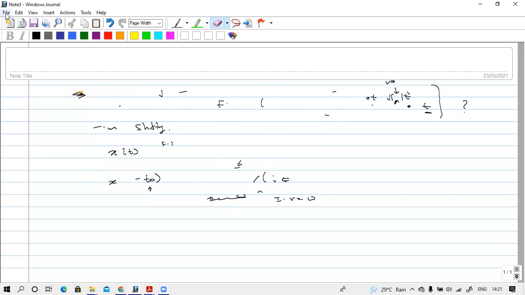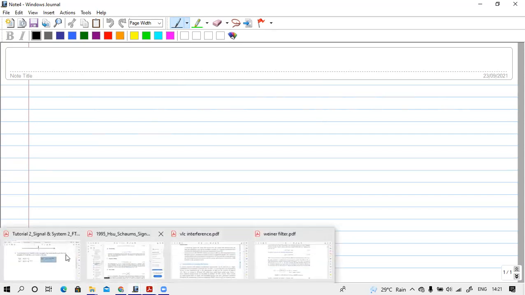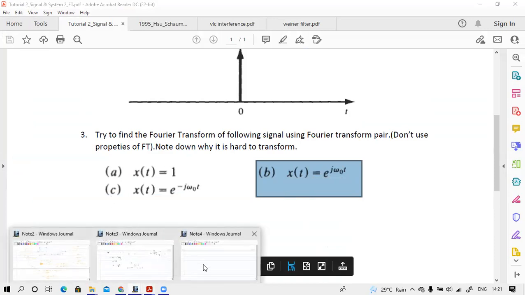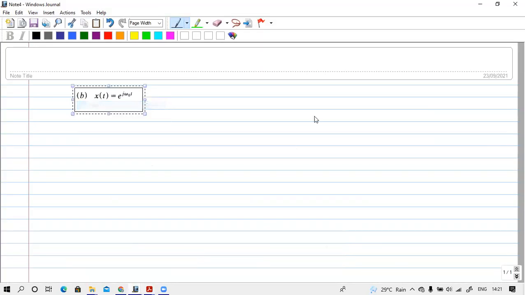Now I will get a new page. We are going to evaluate this signal. We are asked to find the Fourier transform of this signal x(t), that means we are asked to find X(omega).